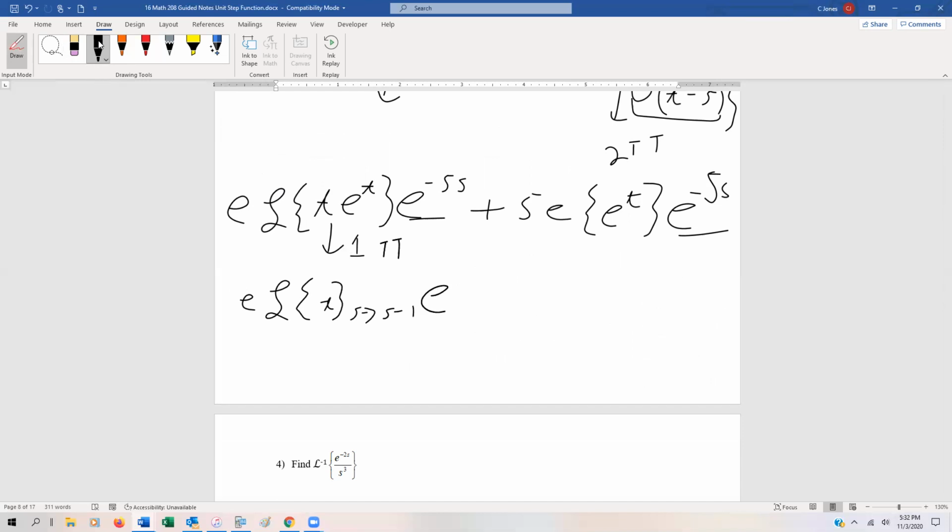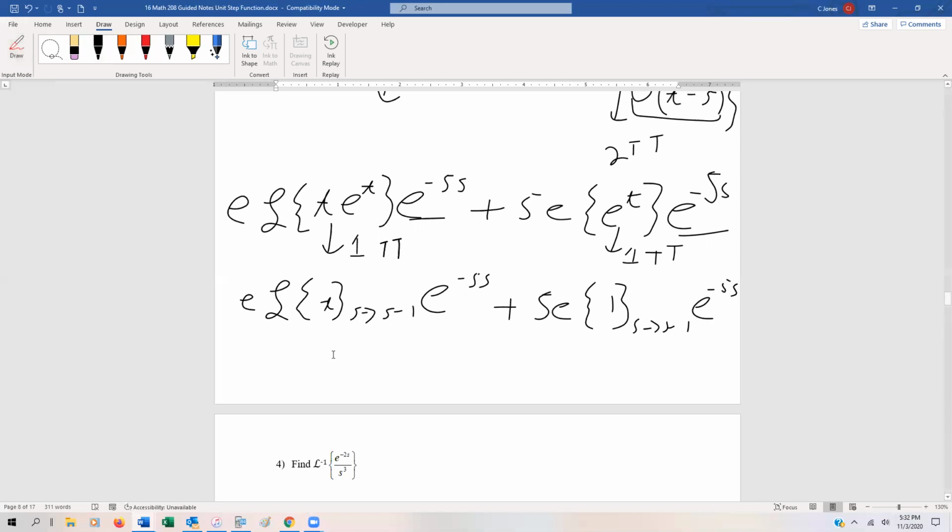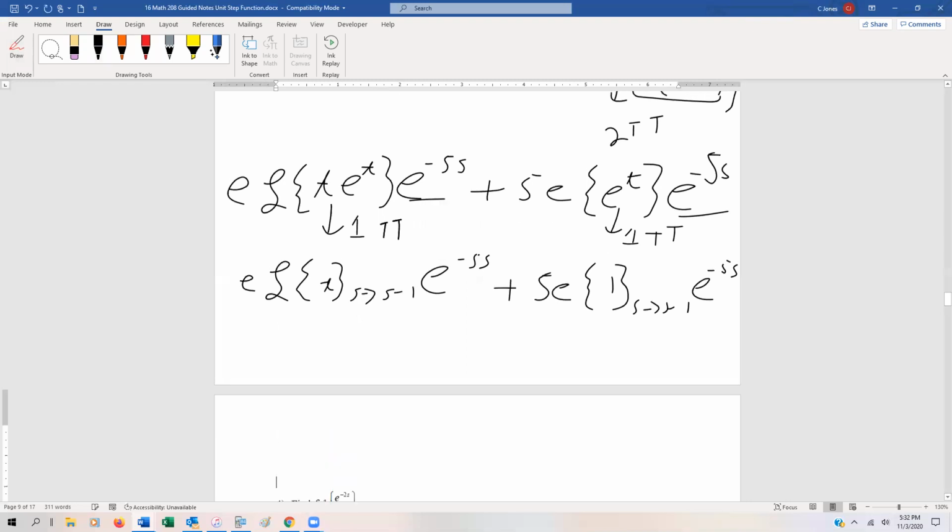We still have that e to the minus 5s, and then we have plus 5e. And we can use the first translation theorem on this one again. So that's going to be the Laplace of 1 as s approaches s minus 1, and we still have the e to the minus 5s.